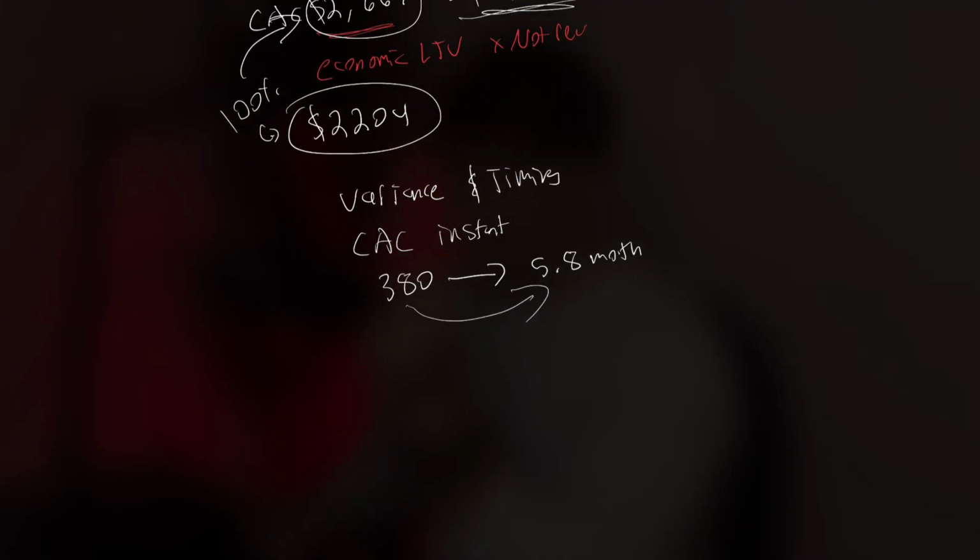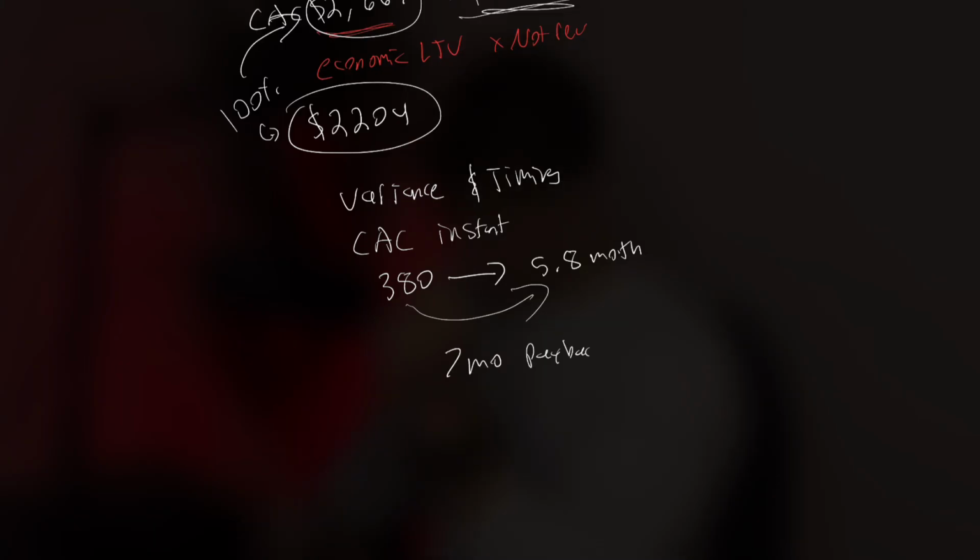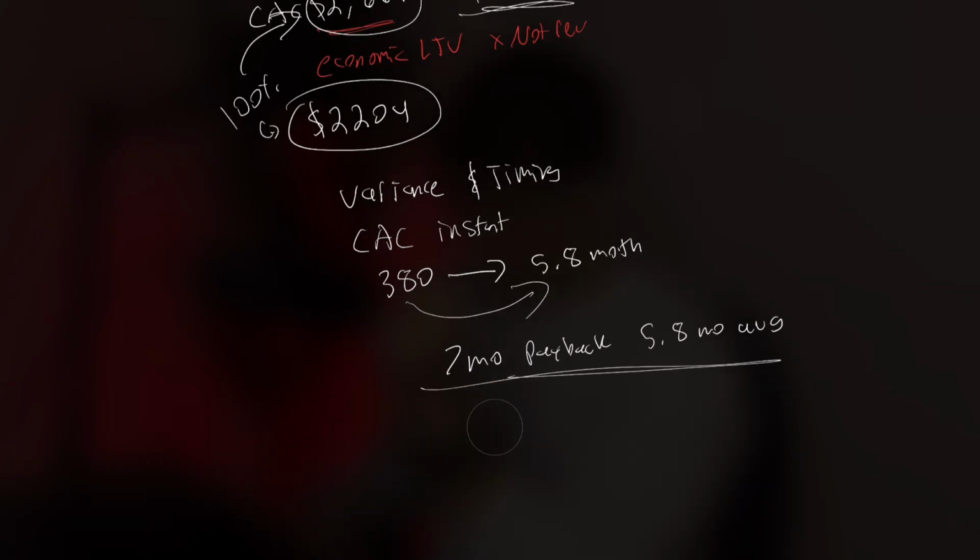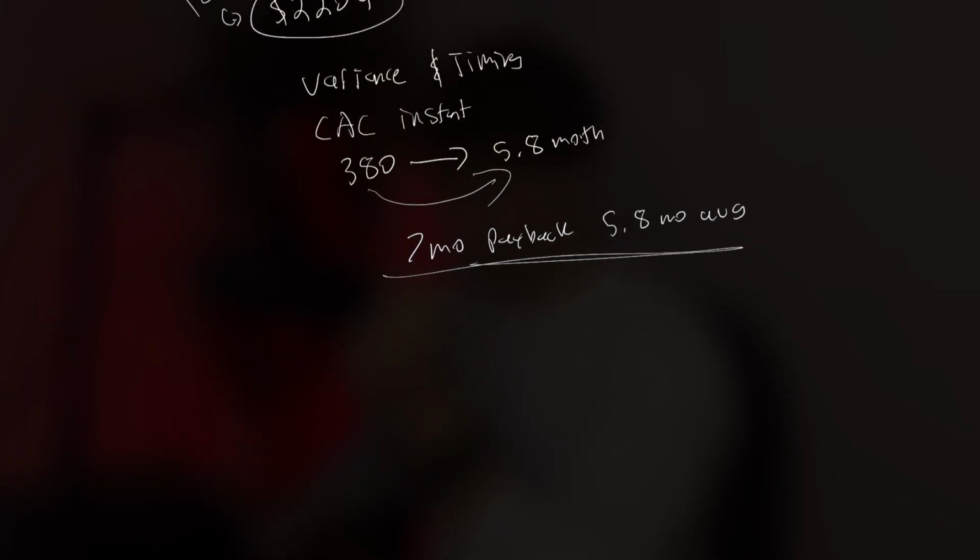The asymmetry means that the firm had to front nearly all acquisition costs before even knowing whether a client would survive long enough to repay it. And at a 7-month payback with a 5.8 month average lifetime, this model only worked if everything went right, where they didn't have any churn, ad cost spikes, or delivery overruns. This is a survival bet. This isn't a growth model at all.